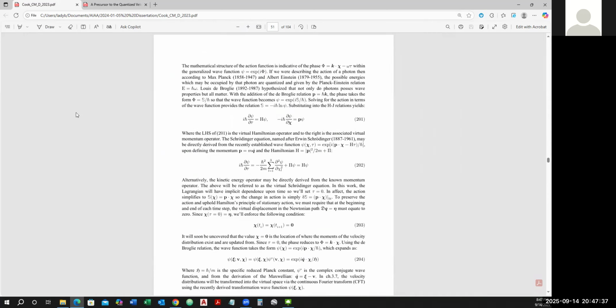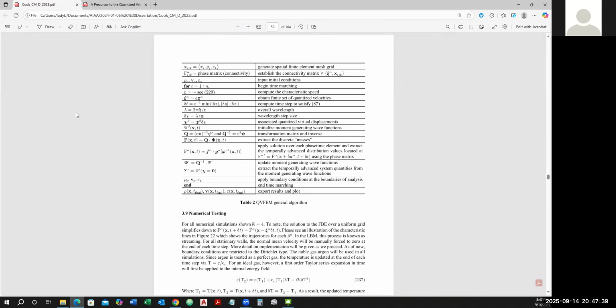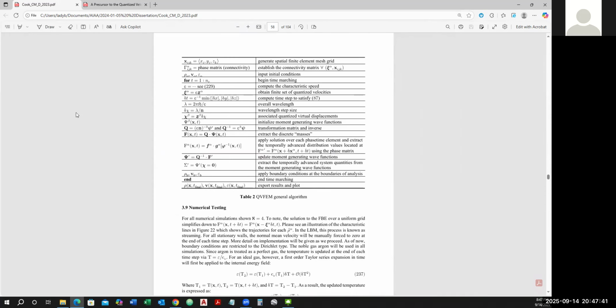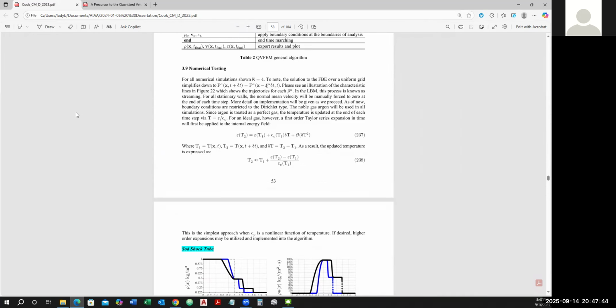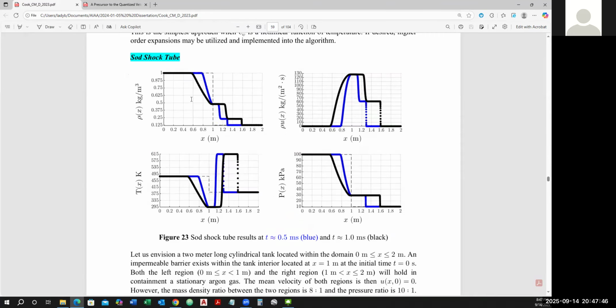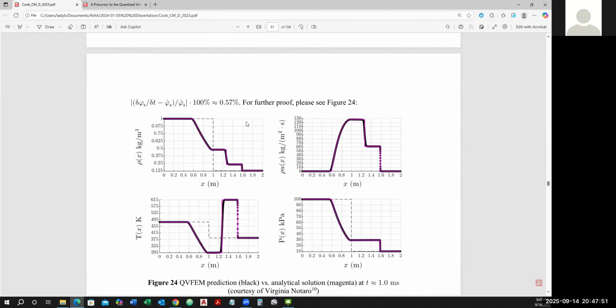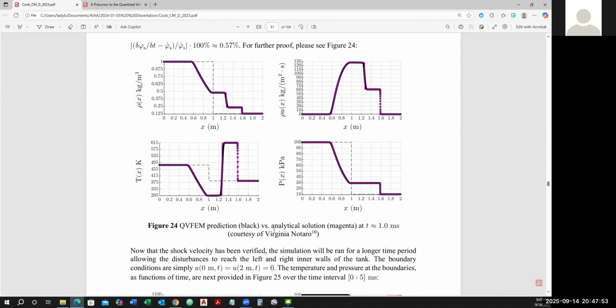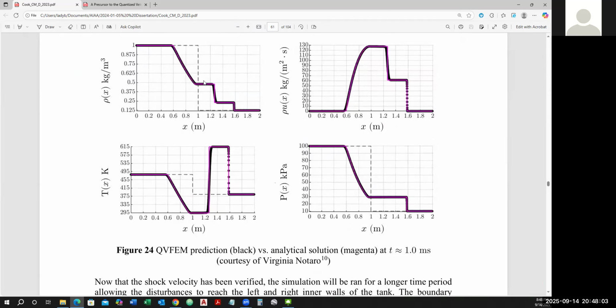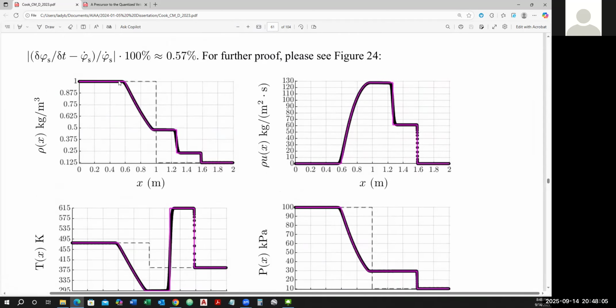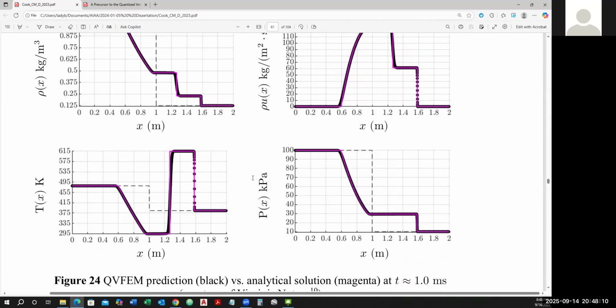If you go into those benchmark problems, my dissertation in section 3.9, this is me verifying the speed of the shock wave. And there's a code on the MATLAB website by Virginia Notaro. That's how I generated this magenta solution, that's like your analytical solution.